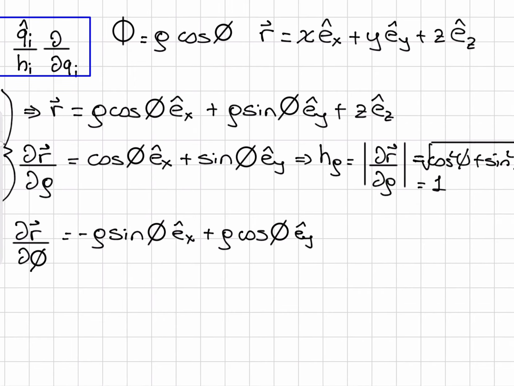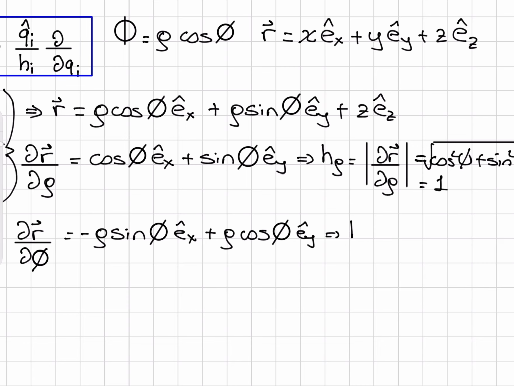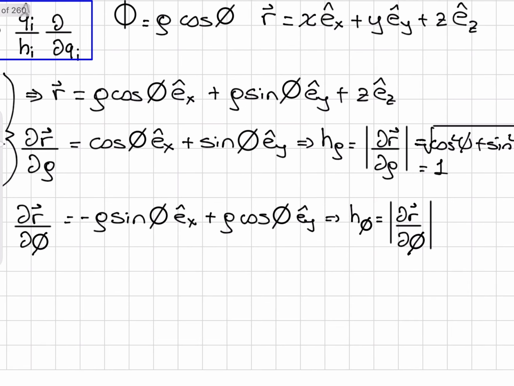And this will give us a scale factor h sub phi that is the magnitude of del r del phi. In this case, I'm going to get rho times the square root of sine square plus cosine square.